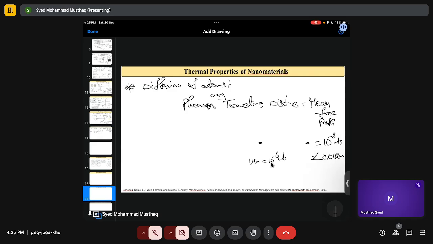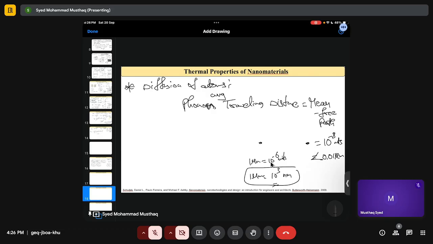So 1 micron equals 10 to the power of 3 nanometers, because micro is 10 to the power minus 6 and nano is 10 to the power minus 9. Minus 6 minus minus 9 gives plus 3.